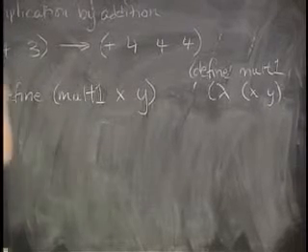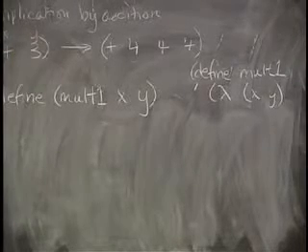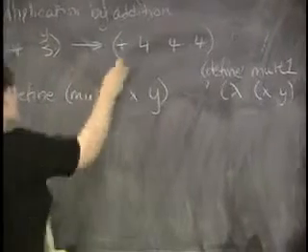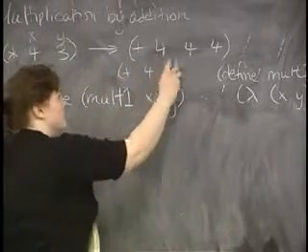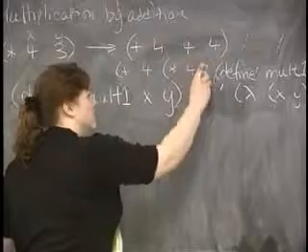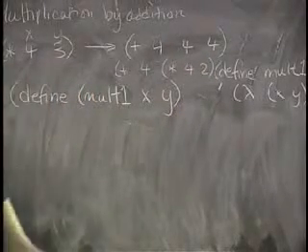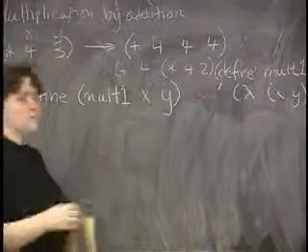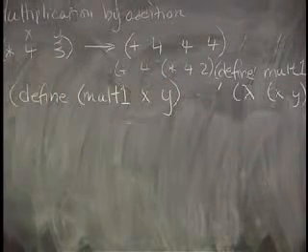So let's define mult1 of x y. If we look at this 4 times 3, this will be our x, that'll be our y. This is really the same as saying, let's add 4 to the multiplication of 4 times 2, and then 4 times 2 is plus 4 times 1.